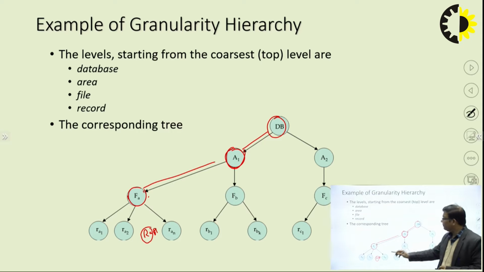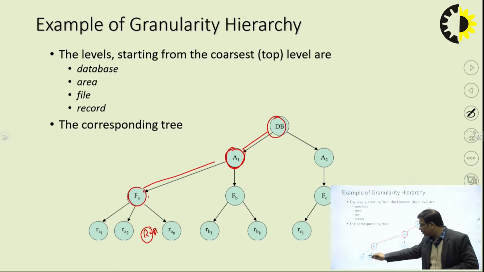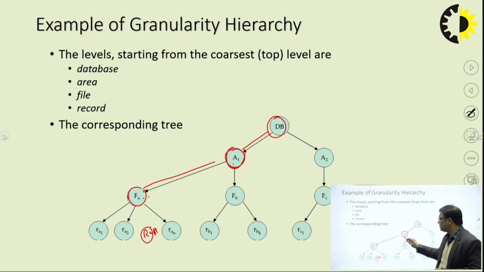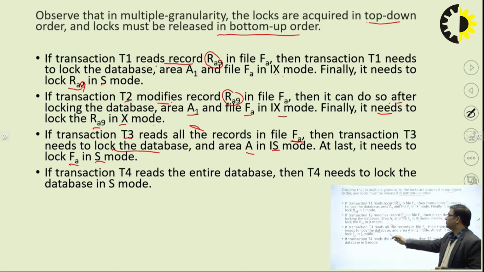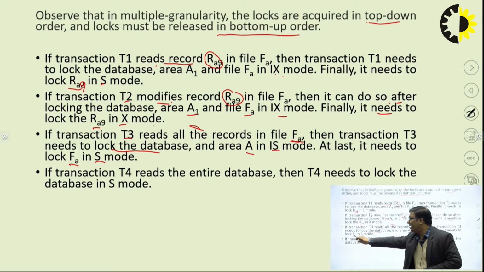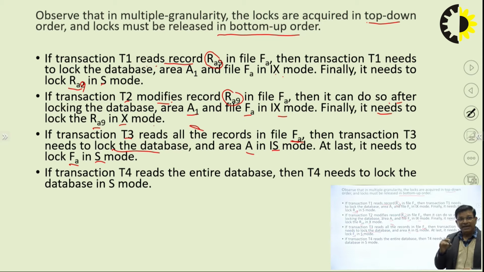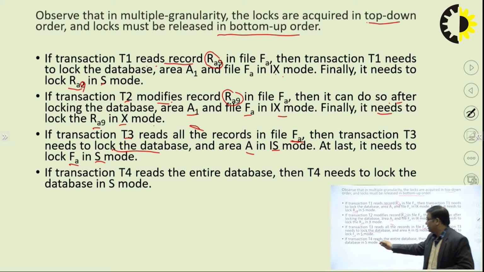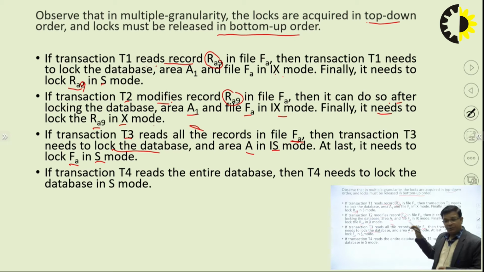Just because if we apply any type of lock on these records, then we have to apply locks in these modes. But we have not applied a lock on the records; we apply the lock on the file, so we should apply the lock on area and database. So if this is in read mode, then file FA should be in shared mode. And similarly, if it is in exclusive mode, meaning it modifies the record, then it should be in exclusive mode.